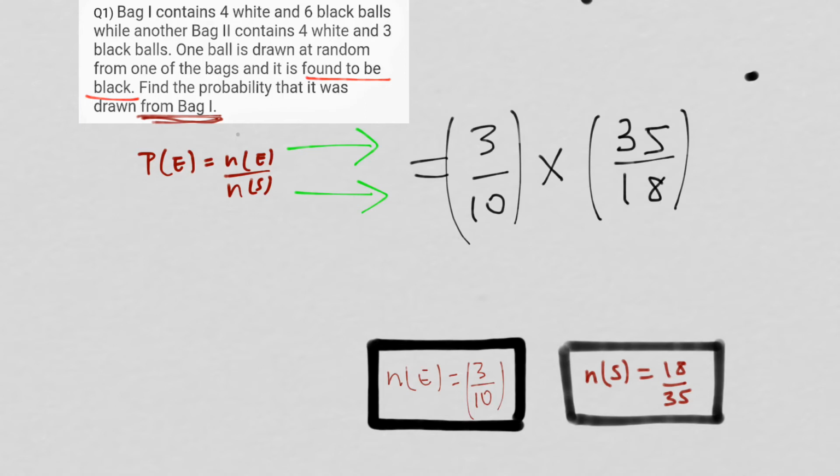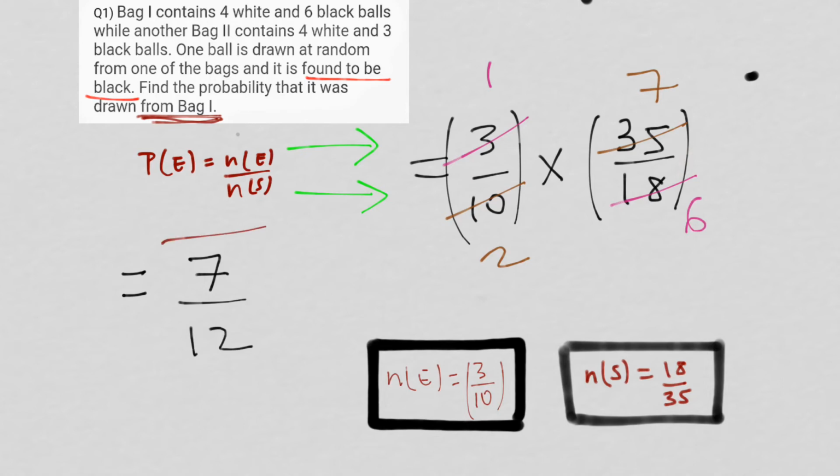This gets reduced by 3. This gets reduced by 5. The answer being 7 ones are 7, divided by 6 twos are 12. 7 by 12 is my final answer.